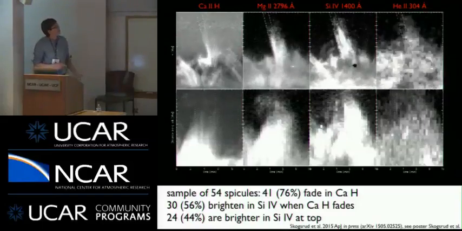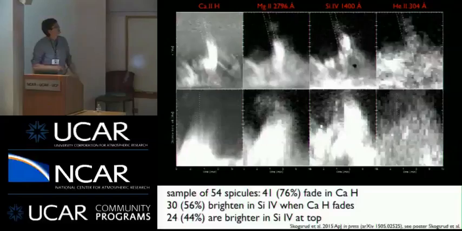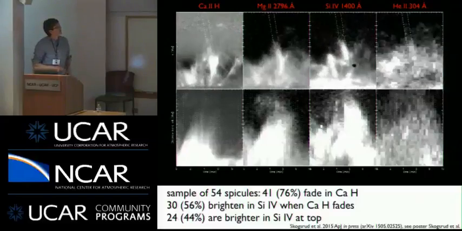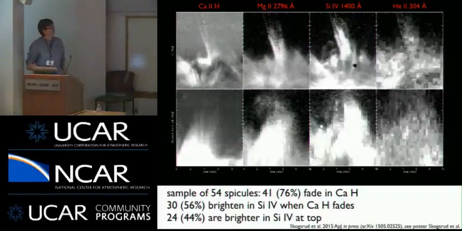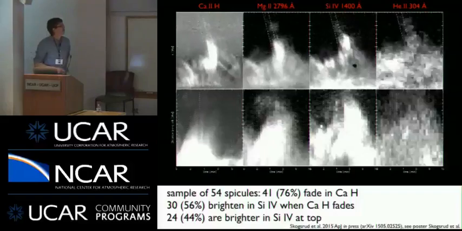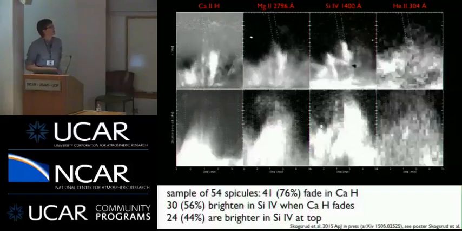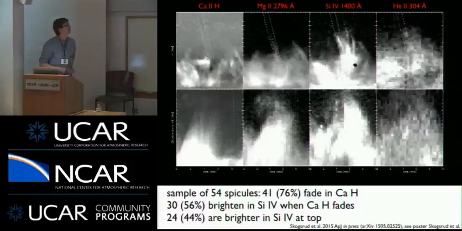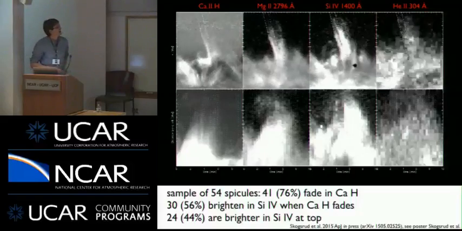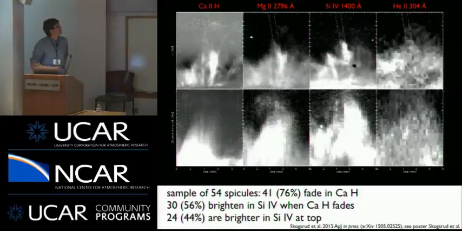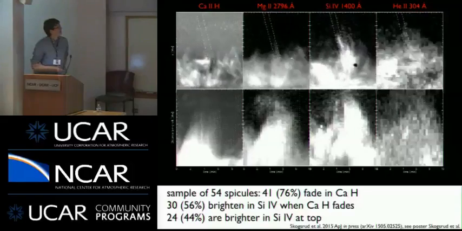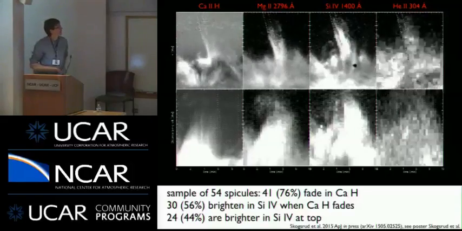And we also follow the spicule with the slit. And we can do this because we can always observe the full lifetime of the spicule in magnesium. And then we can follow the spicule, and we can also see the fainter signal that we can observe in calcium 8 after it fades away.